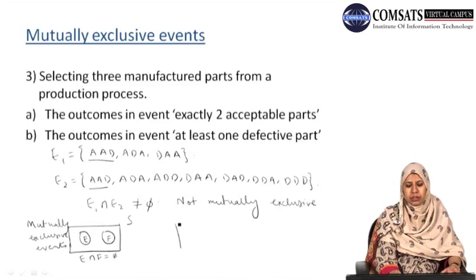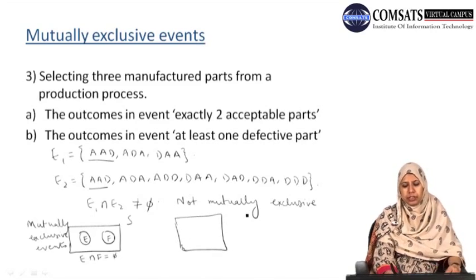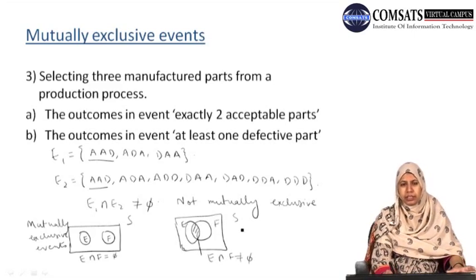And if the events are not mutually exclusive, as in the case of these 2 events, if this is our event E and this is our event F, then they have some portion in common, which means that their intersection is not an empty set, and these events are not mutually exclusive.